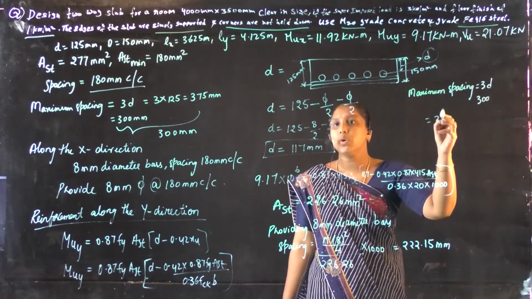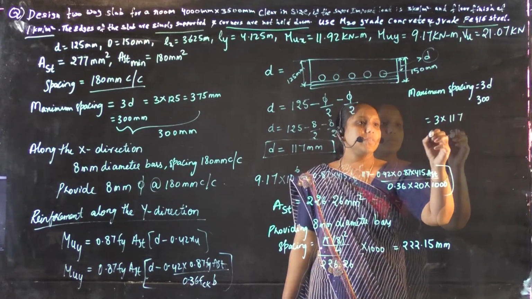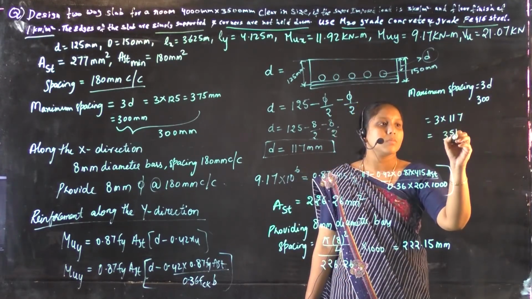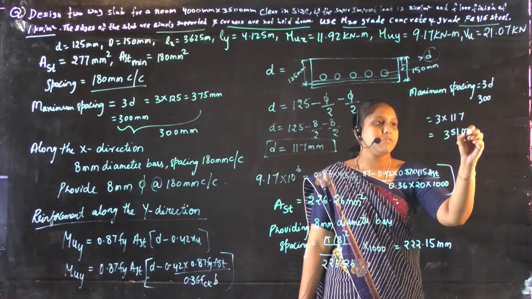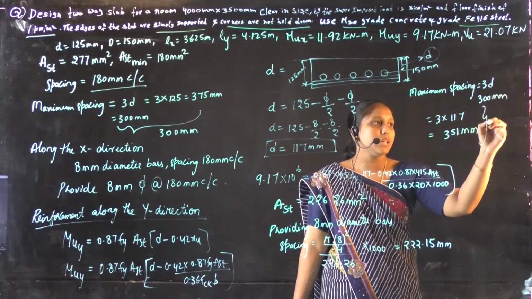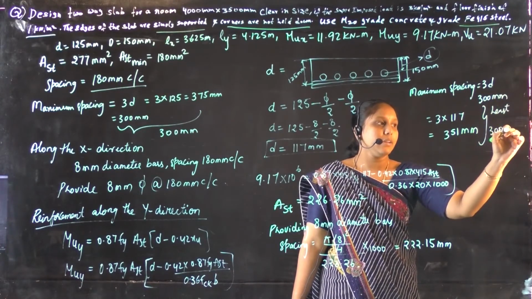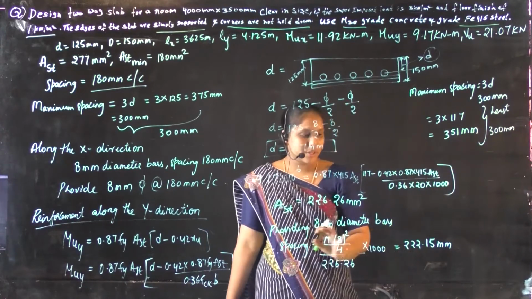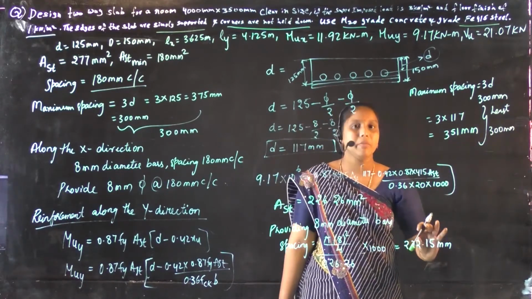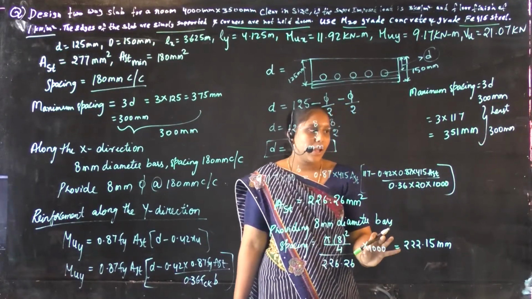So 3 into 117, it is 351 mm, and the other one is 300 mm. So out of these you have to take the least. The least being 300 mm. So the value what we have got here, that is 222.15 mm, it should not exceed the least of these two values, and it has not exceeded.